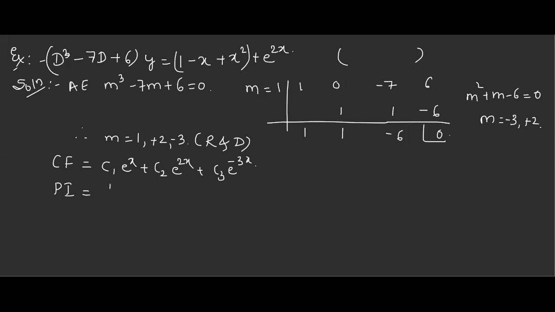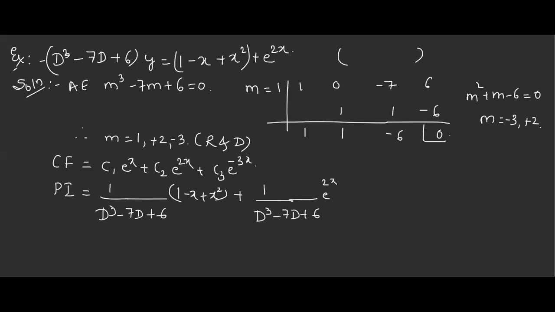So how to write PI? 1 upon d cube minus 7d plus 6 operating on 1 minus x plus x square, and then plus 1 upon d cube minus 7d plus 6 operating on e raised to 2x. I'll take this as equation 1, because if it is exponential or sine or cos, we do the replacement there.